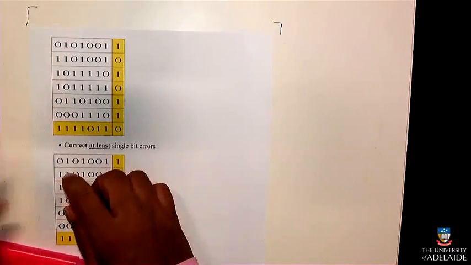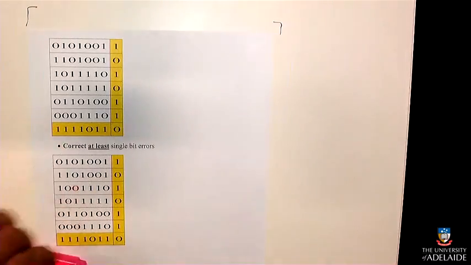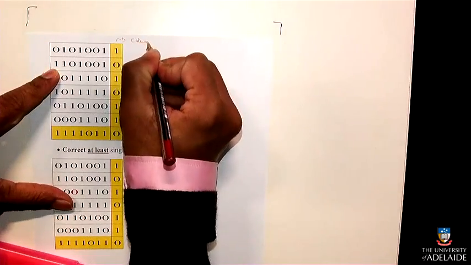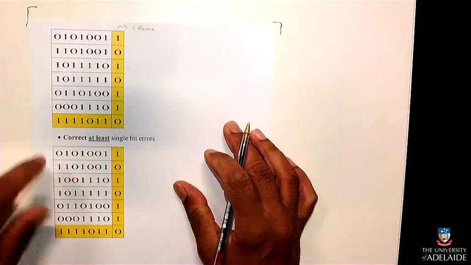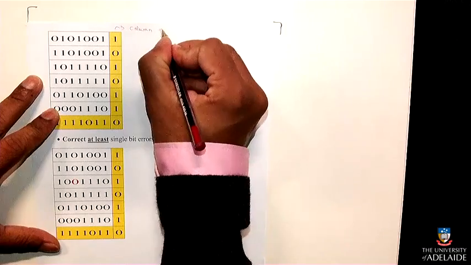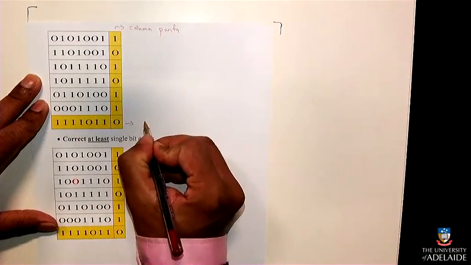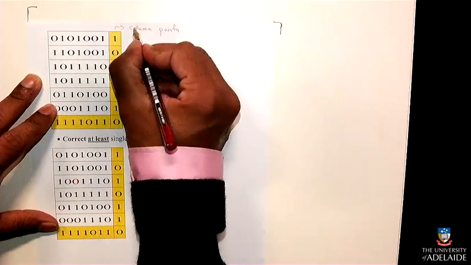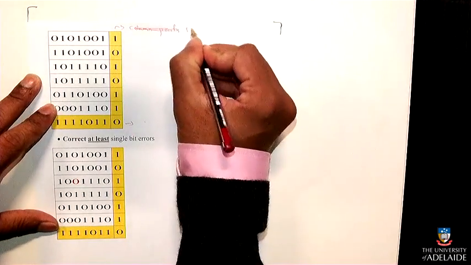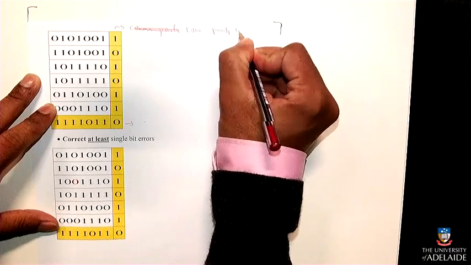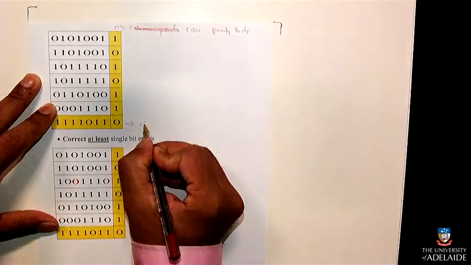So this is a column. So you have a column parity, and then you also have a, oh, what am I saying? Sorry. So this is row.